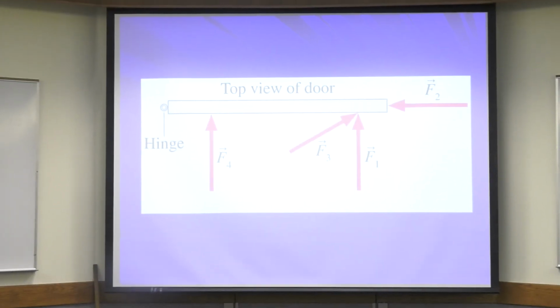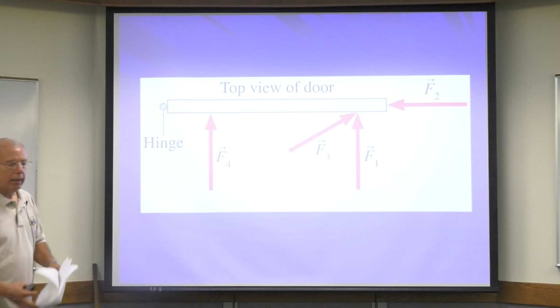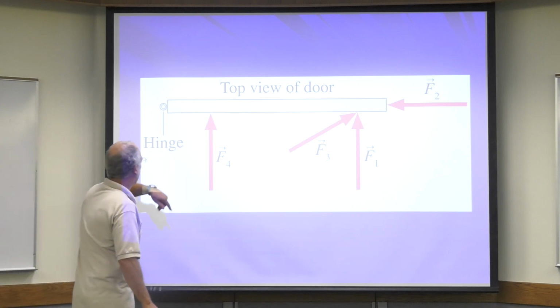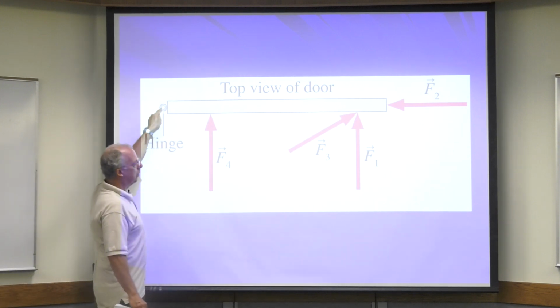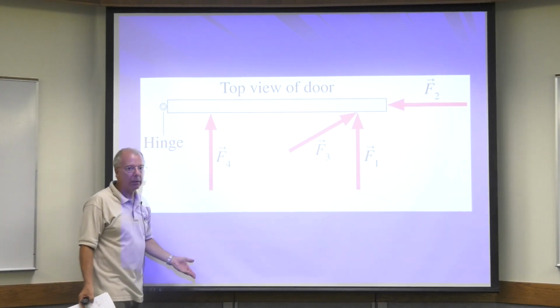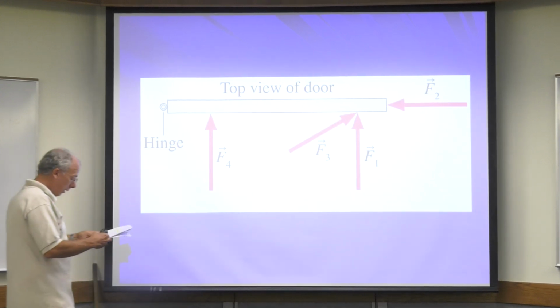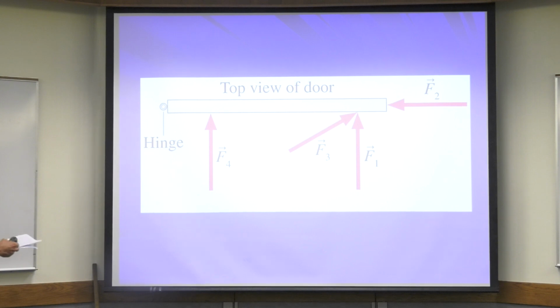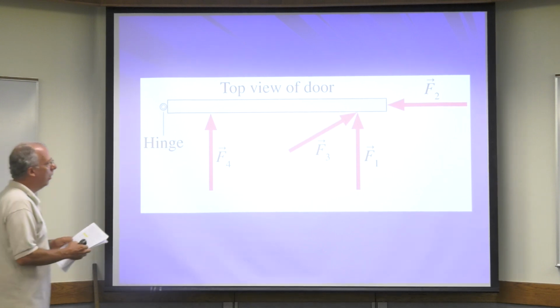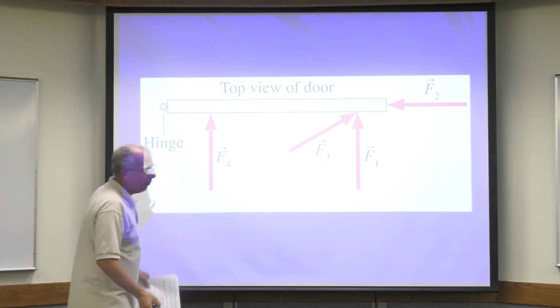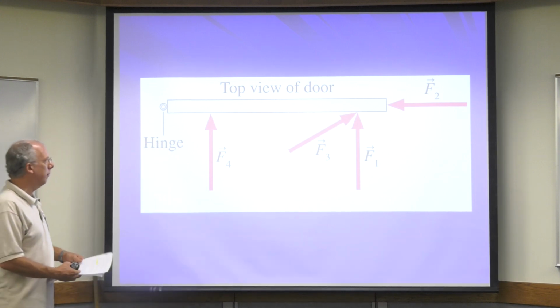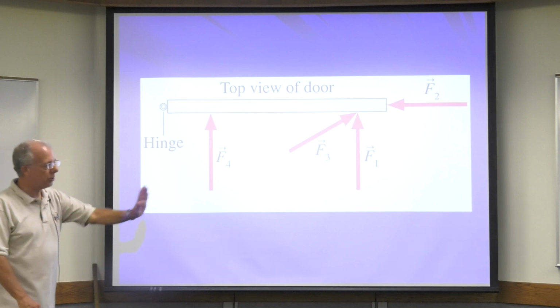Okay, so this is what we just talked about. This is the top view of the door. So this is the hinge, which I'm going to call the axis of rotation, because that's what it is, right? And let's discuss these. So where would you, being a normal logical person, where are you going to push to open the door?